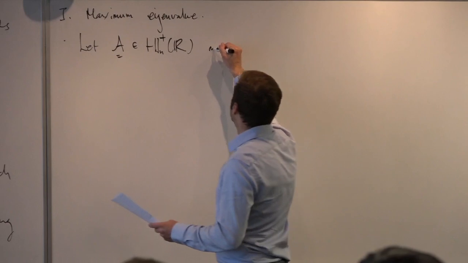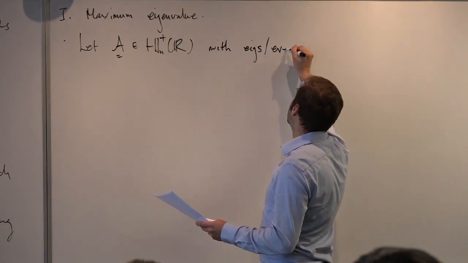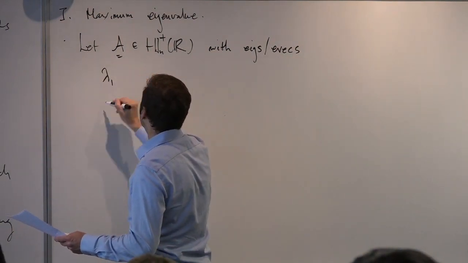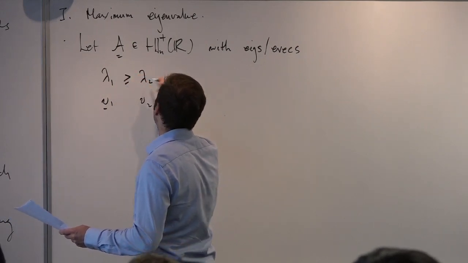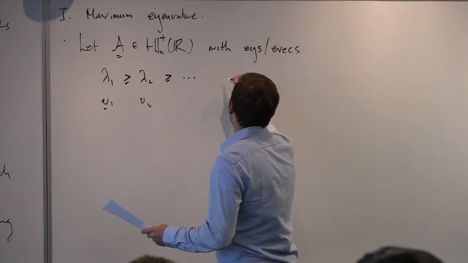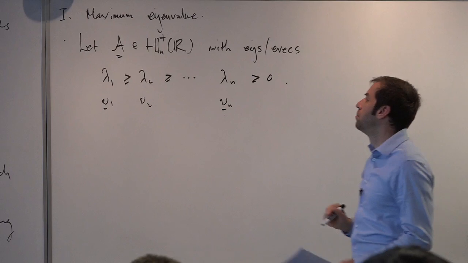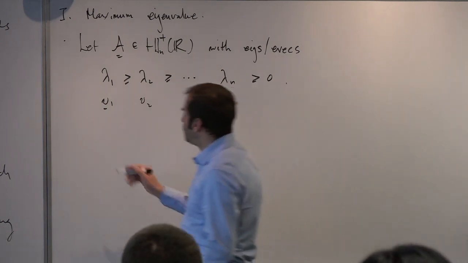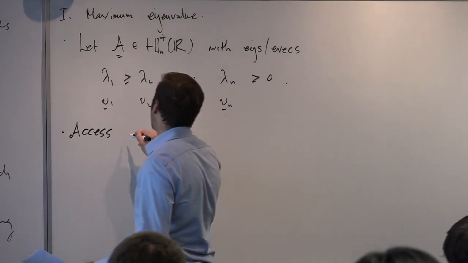So again, just to keep things simple, with eigenvalues and eigenvectors lambda 1, v1, lambda 2, v2, and so forth, down to lambda n, vn, and by our positivity assumption, these eigenvalues are all real and non-negative.